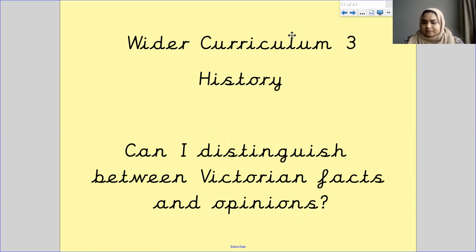So lesson 1 was basically showing you 4 different ways you can find historical information. We were trying to find historical information about the Great Exhibition during the Victorian times.